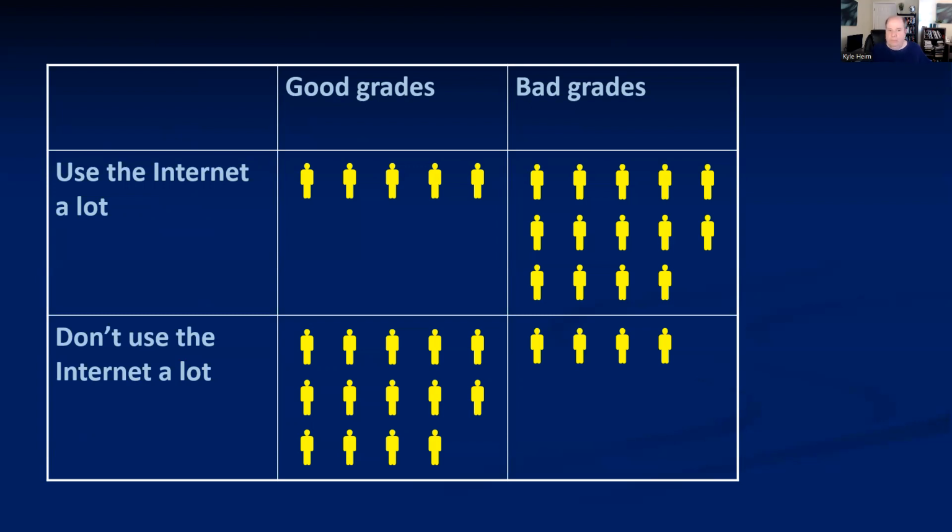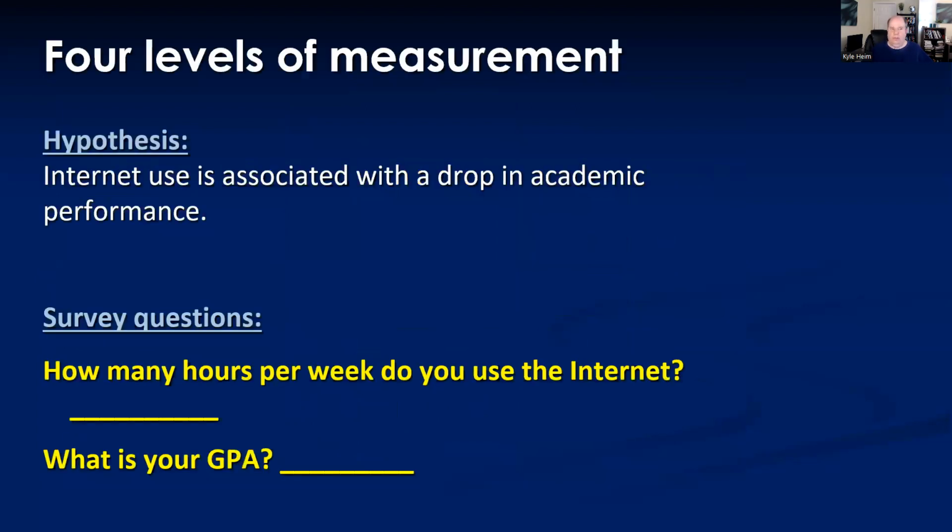So you want to ask yourself, can I do better? Can I use questions that will give me a higher level of measurement? And the answer is yes, you can. You could ask your survey respondents, how many hours per week do you use the internet? You can also ask them, what is your GPA? What level of measurement would those questions give you?